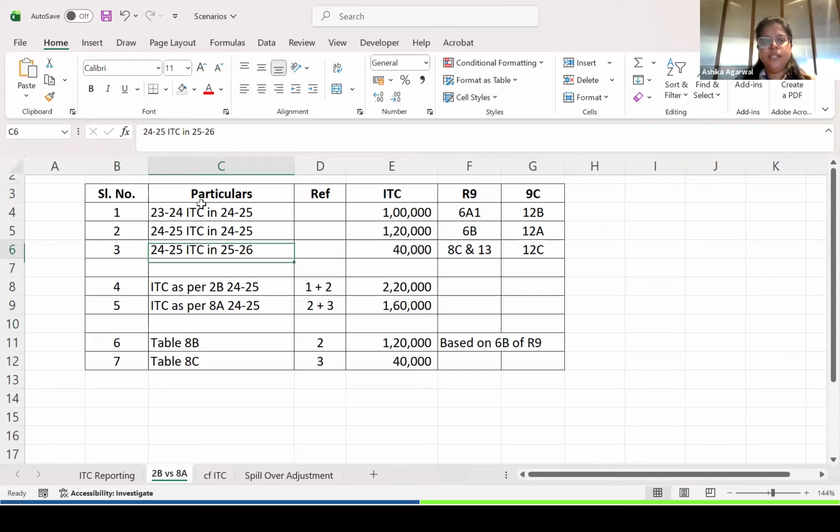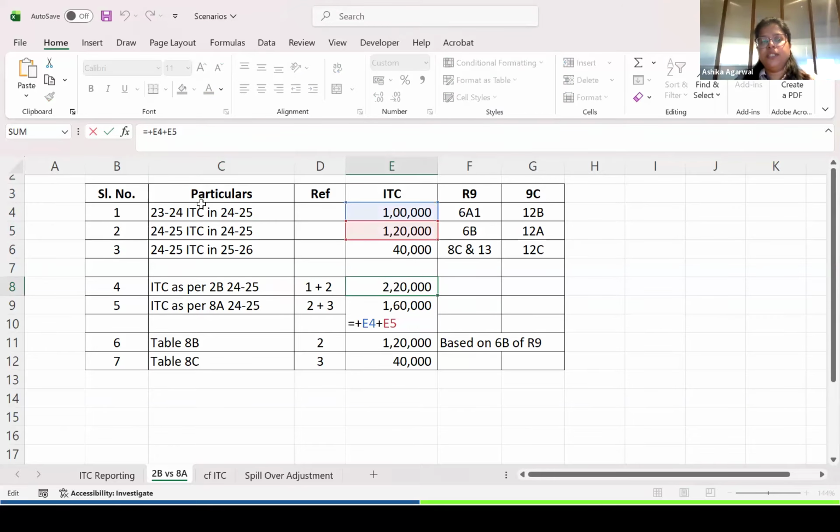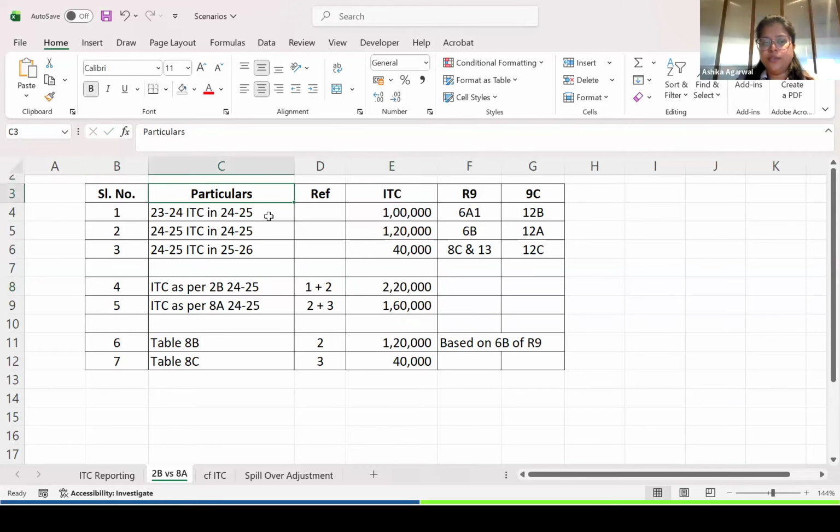This is my 23-24 ITC, which has auto-populated in 24-25, and this is 24-25 ITC, which is auto-populated in 24-25. 2B will include the first two serial numbers, because 2B is based on filing period, including 23-24 and 24-25. So 2B becomes 2,20,000.